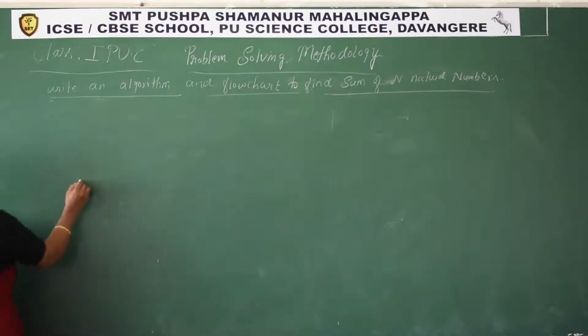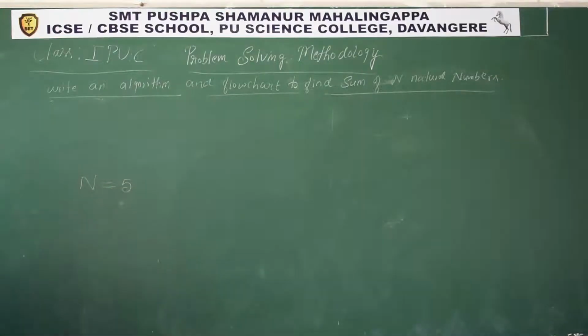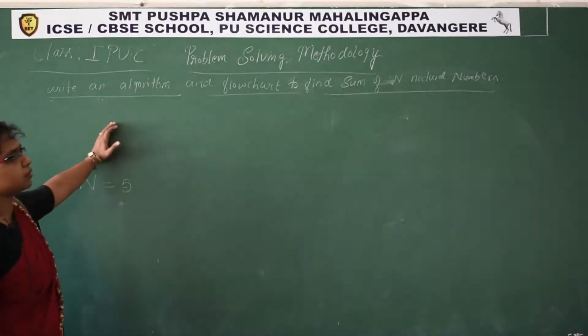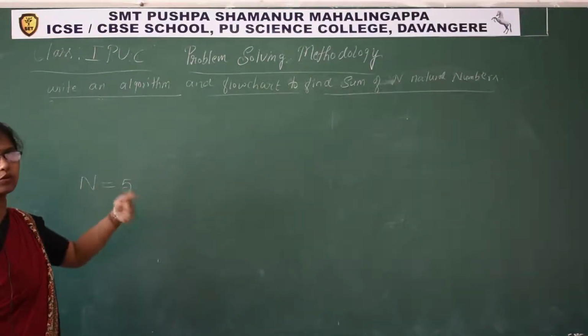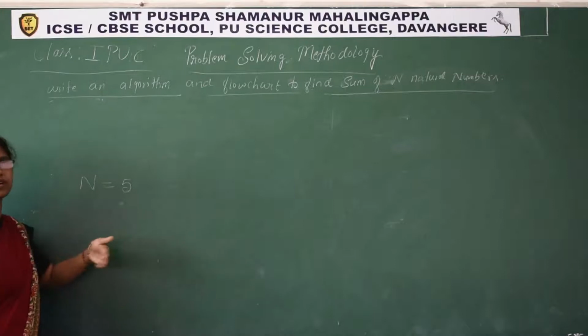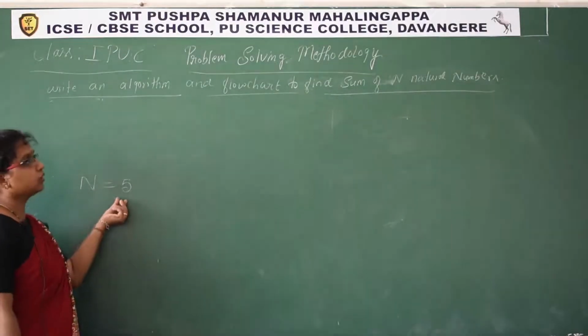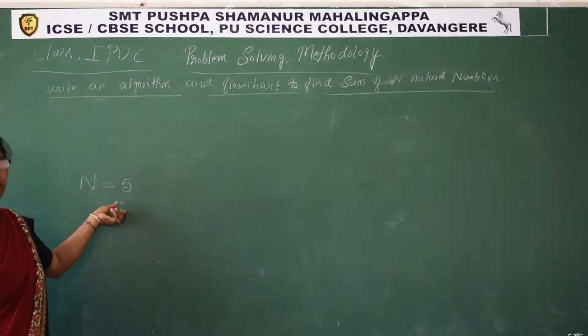If I give n value as 5. The problem statement is you have to find the sum of n natural numbers. The n is a variable; its value changes as the user enters different values. Now I'll take n equal to 5. So the program has to calculate the sum of the first 5 numbers from 1 to 5.